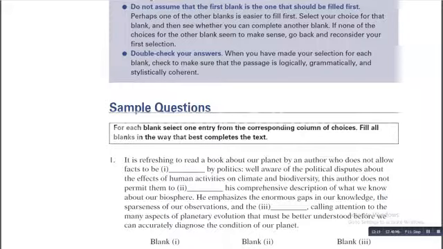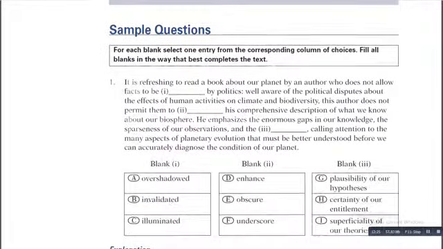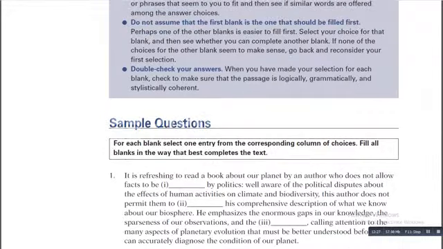Look at it, overshadow. But you're looking for something like the synonyms of what will work here. So let me just say cover or deluded. Who do not allow facts to be deluded by politics. Now it's not allowing the facts to be covered up by politics.